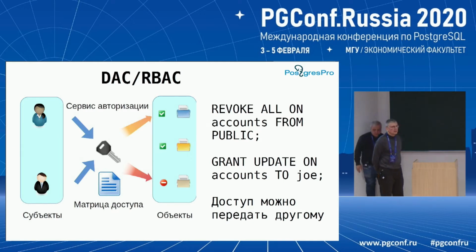In operating systems, this is reading, record, and execution. Database has 11 of them: select, update, insert, delete, truncate, reference, and so on. And the last one is usage. And role and discretionary access control methods are characterized by the fact that access of subjects to objects is defined on the basis of access matrix.